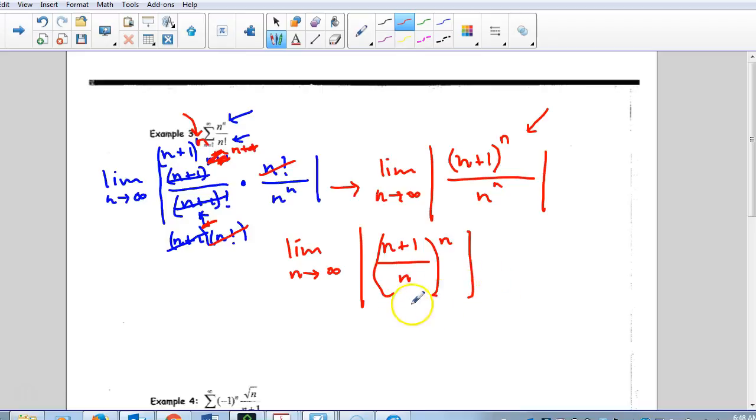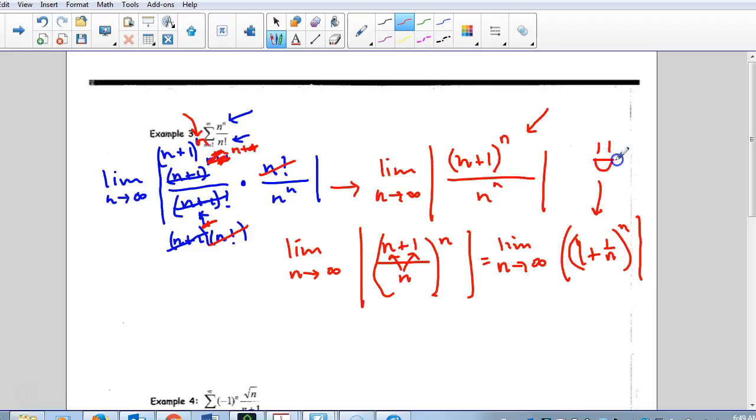And in fact, I'm going to share this n with both of the tops. So that's going to be the limit as n is going to infinity of 1 plus 1 over n raised to the nth power. And you should look at this and say with joy and glee, I know what that is. In fact, I am extremely happy.